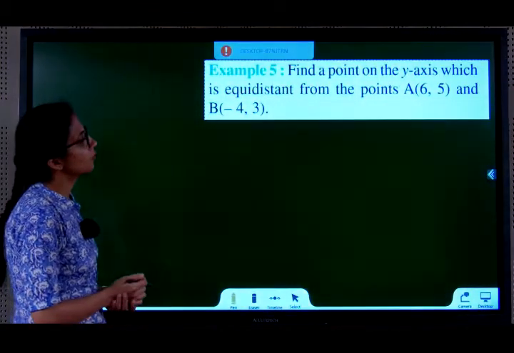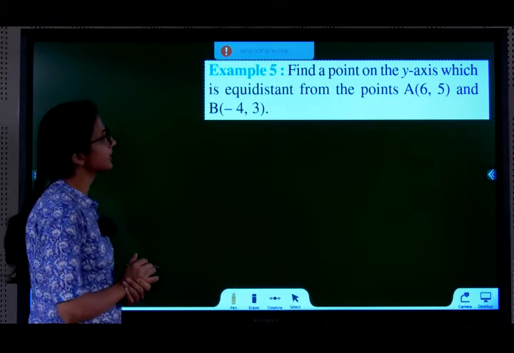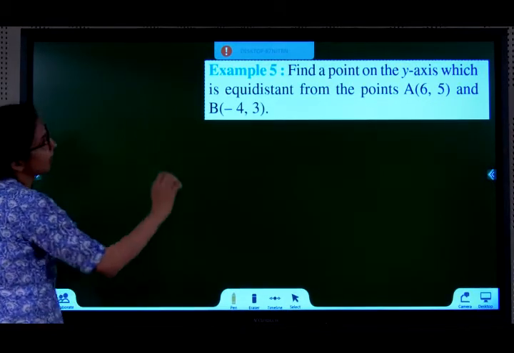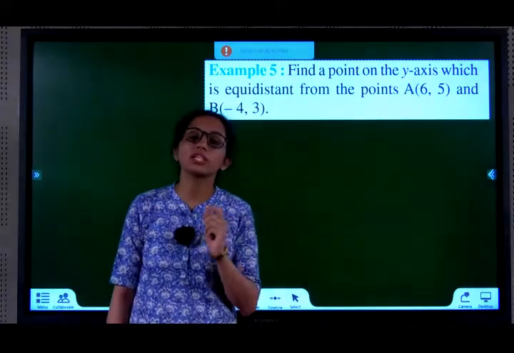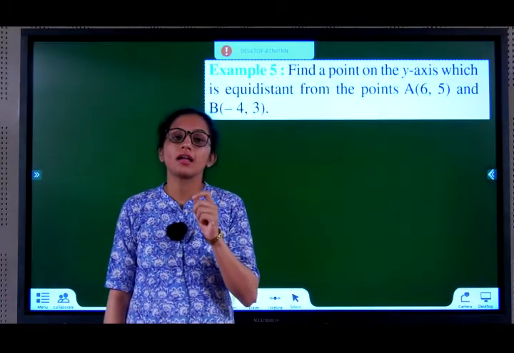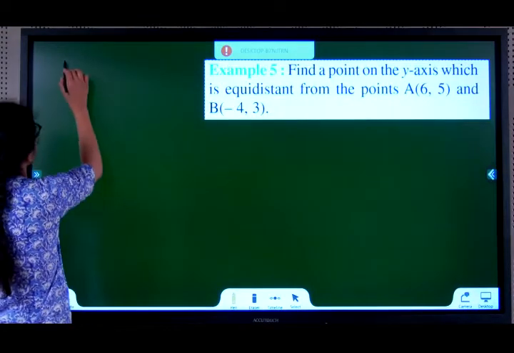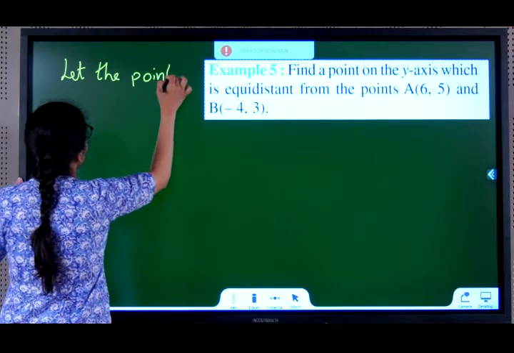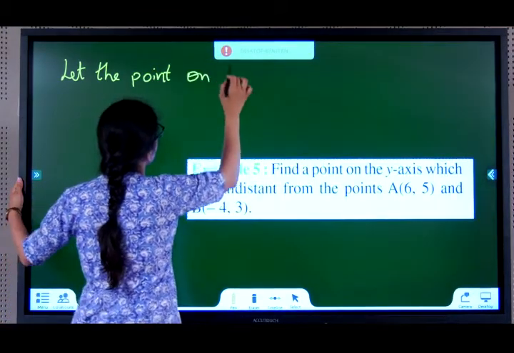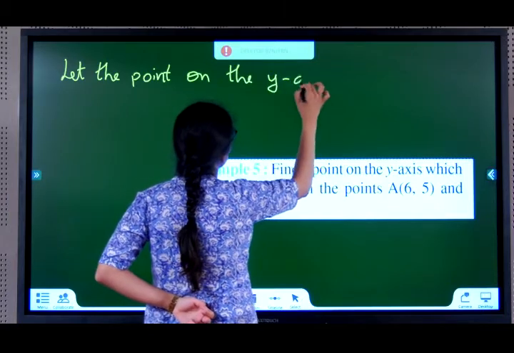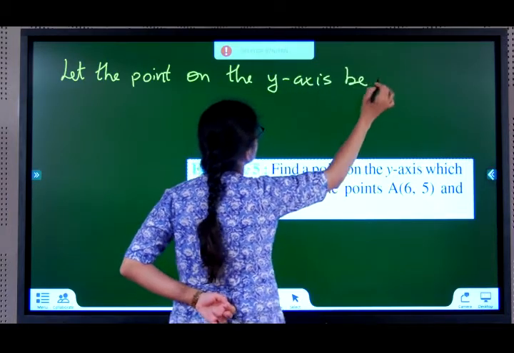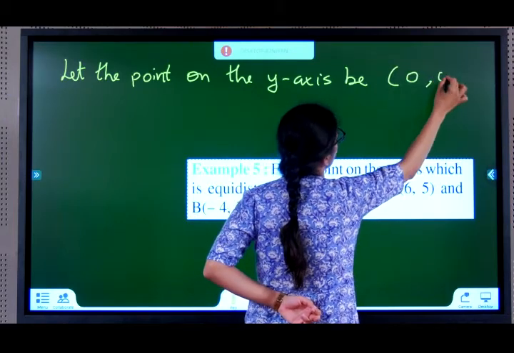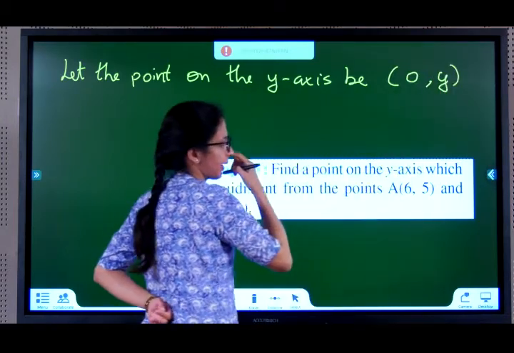Example 5. Find a point on the y-axis which is equidistant from A and B. So if there is a point on the y-axis, which coordinate is 0? X coordinate. So therefore we can say, let the point on the y-axis be 0 comma, so x coordinate is 0, y coordinate is not 0, so just label it as y.